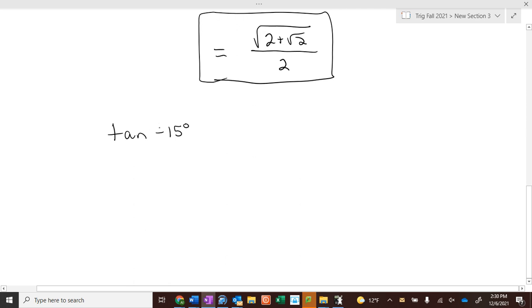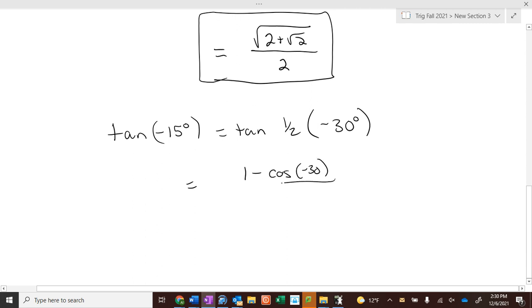Tangent of negative 15 degrees is a tangent of 1/2 of what? Negative 30 degrees. Which tangent do I like to use? The bottom one, which is 1 minus the cosine of negative 30 degrees over the sine of negative 30 degrees.